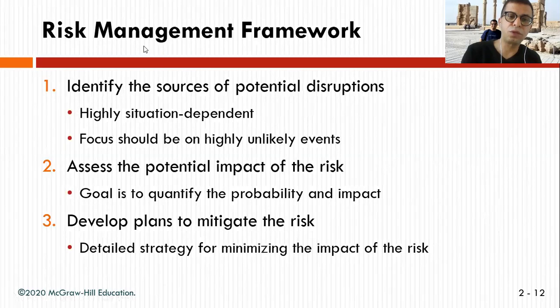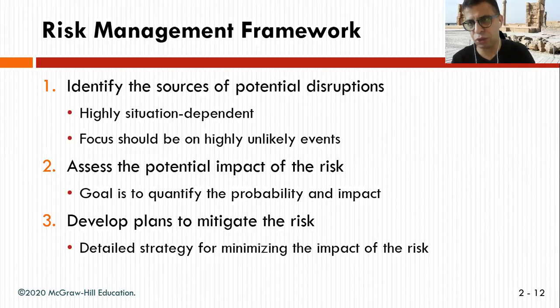first, you need to identify the risk, identify the source of potential disruption. Let's say you need water, or you need electricity, and you want to know where you get your electricity from, how secure it is, or whether you need a backup company or probably an electricity generator.